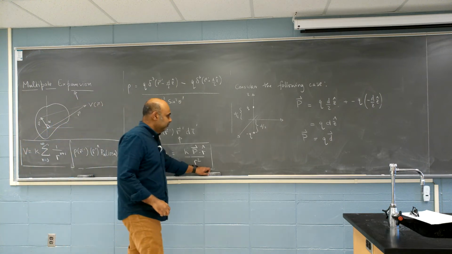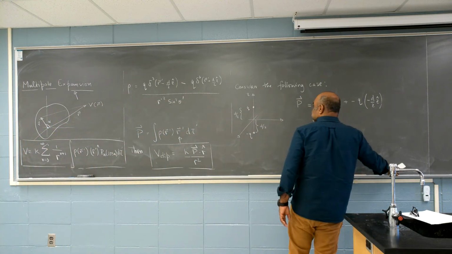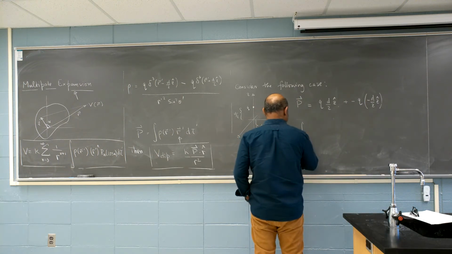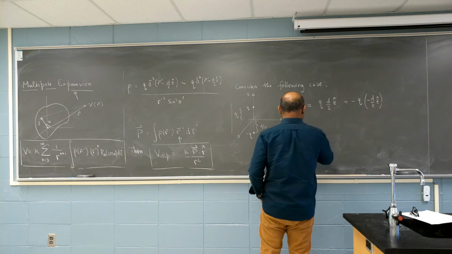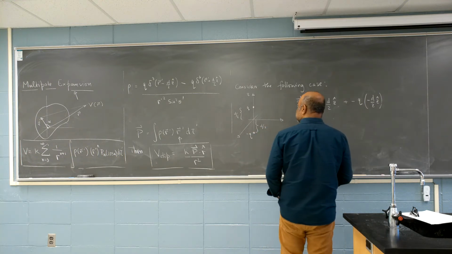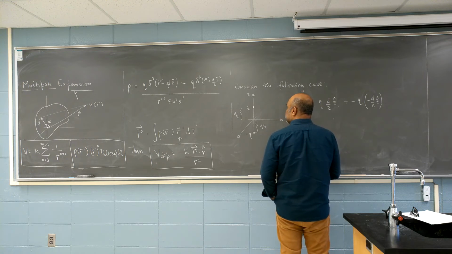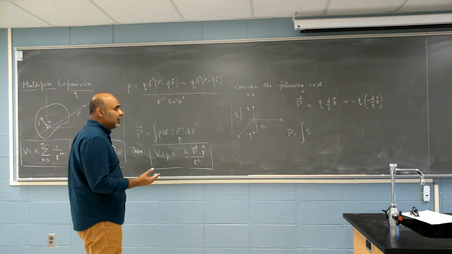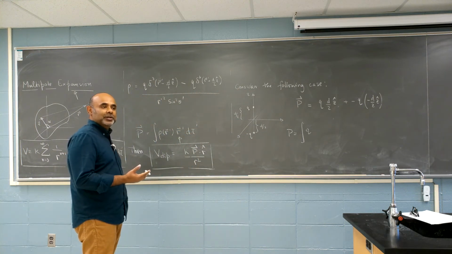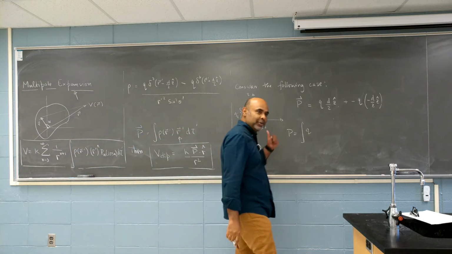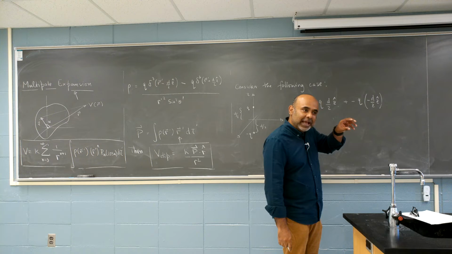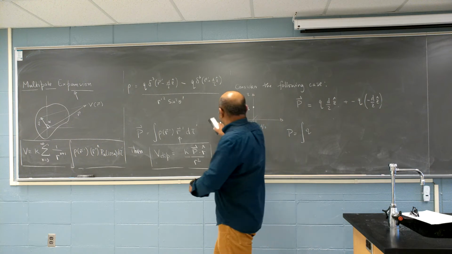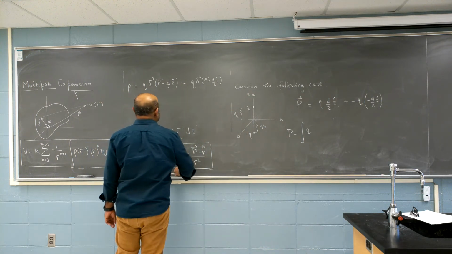I'll show it to you. Or I can use, would you be happy if I use the Cartesian coordinate system? Then I don't need this. You know why I need this? Because that integral has that r squared sine theta d. I'm going to do this in the Cartesian coordinate system. And then you'll be perfectly happy.